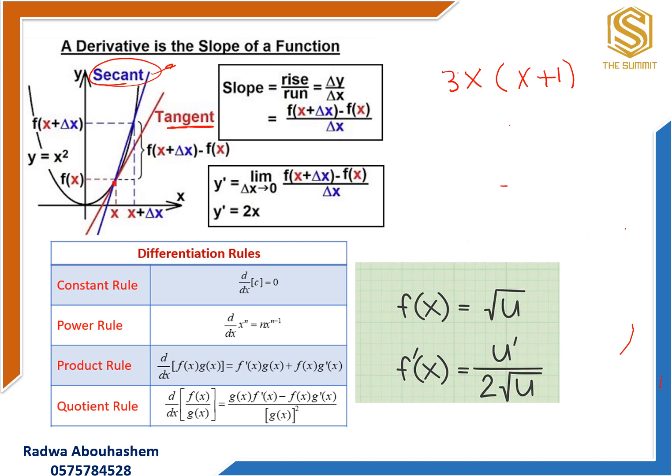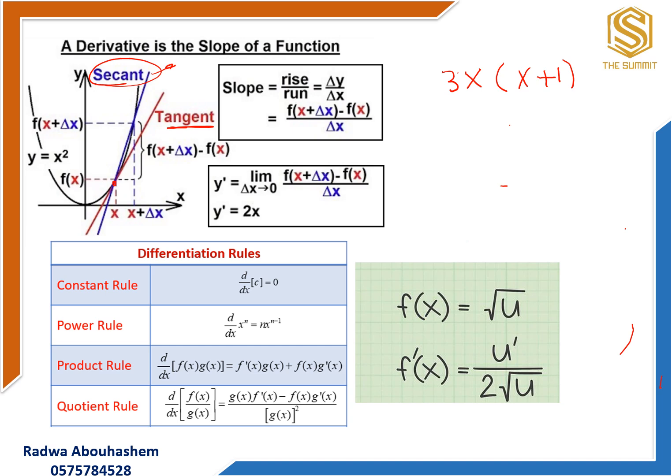Of course, you could multiply or distribute over the bracket, and you could solve it without using the product rule, but sometimes we need to use the product rule, maybe when we have a trigonometric function or something that I cannot multiply. So I will just try to apply the product rule over this simple example.